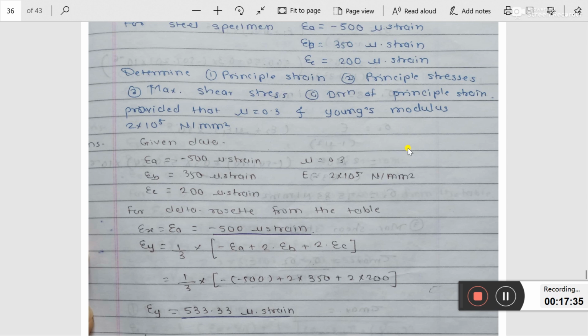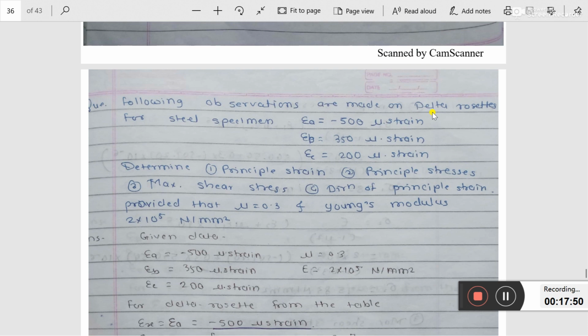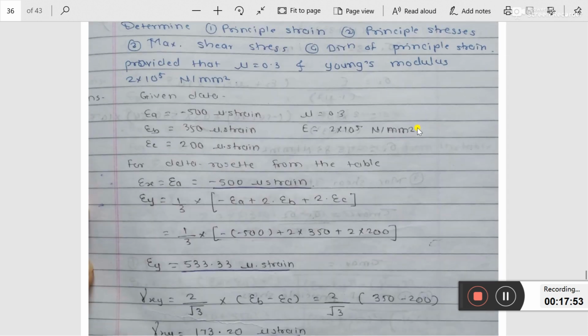To calculate them, the three values epsilon A, epsilon B, and epsilon C are given, and by using them, with reference to the table I have explained, and according to the type of delta rosette, I have to calculate epsilon X, epsilon Y, and gamma XY.